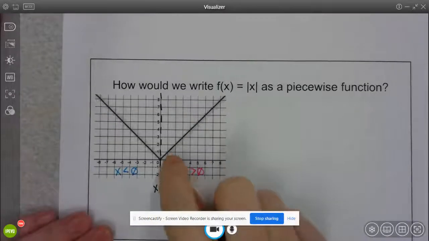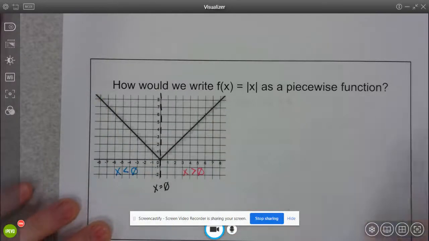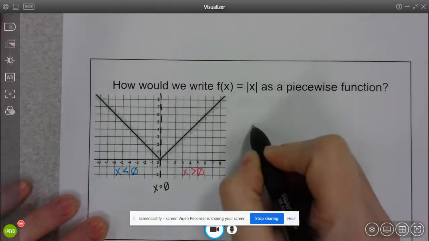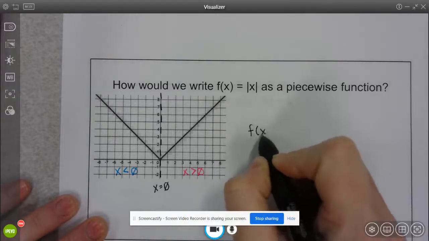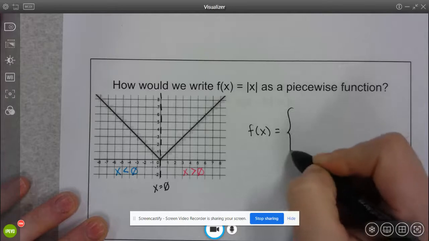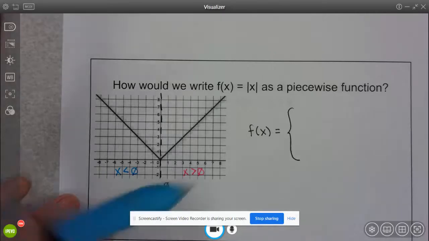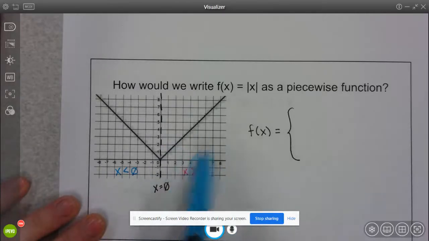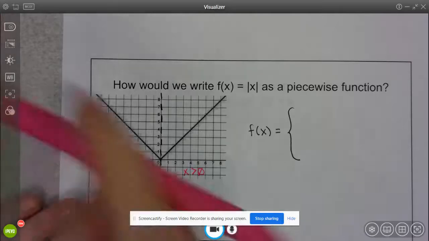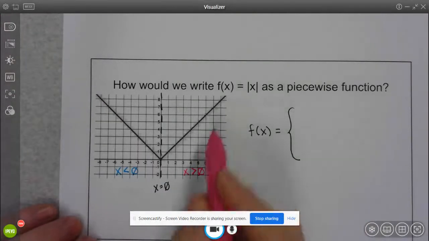And our goal is going to be to write this equation and that equation, and then we'll create our piecewise function. So let's start with the one on the right. We'll start there, give our brains a little boost of confidence.